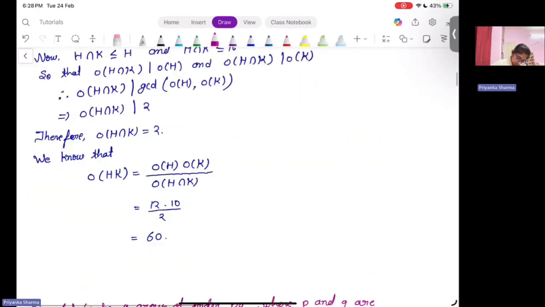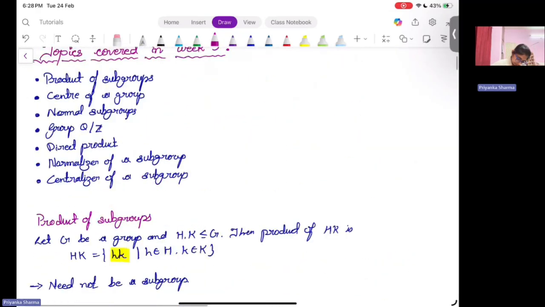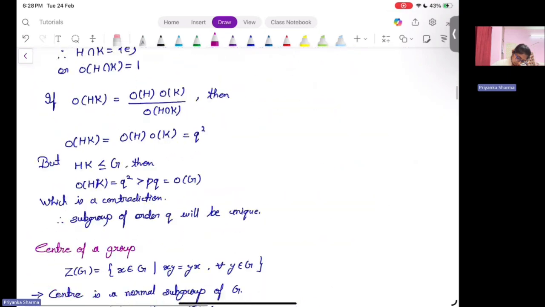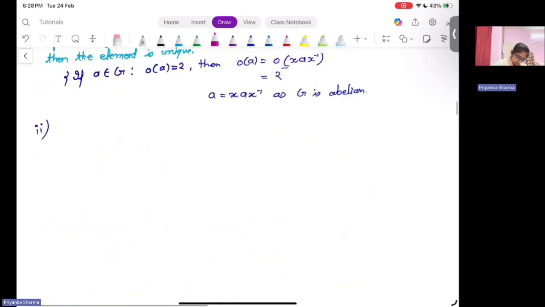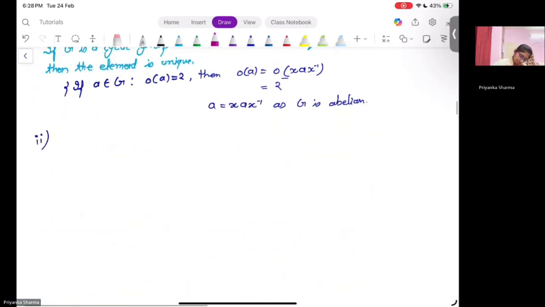We haven't discussed yet about quaternion groups. Okay, fine. So we can have a counter example for this.